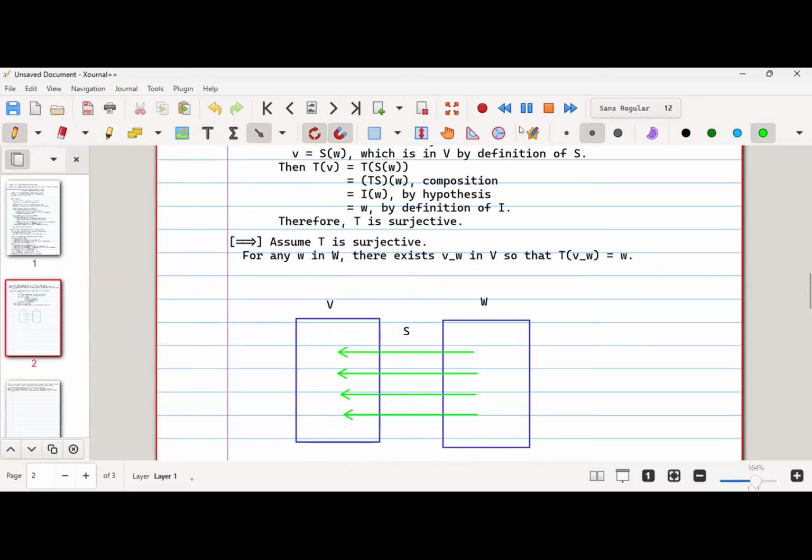So that since T is surjective, or actually, let's pick a different color. T will just map like this, right?